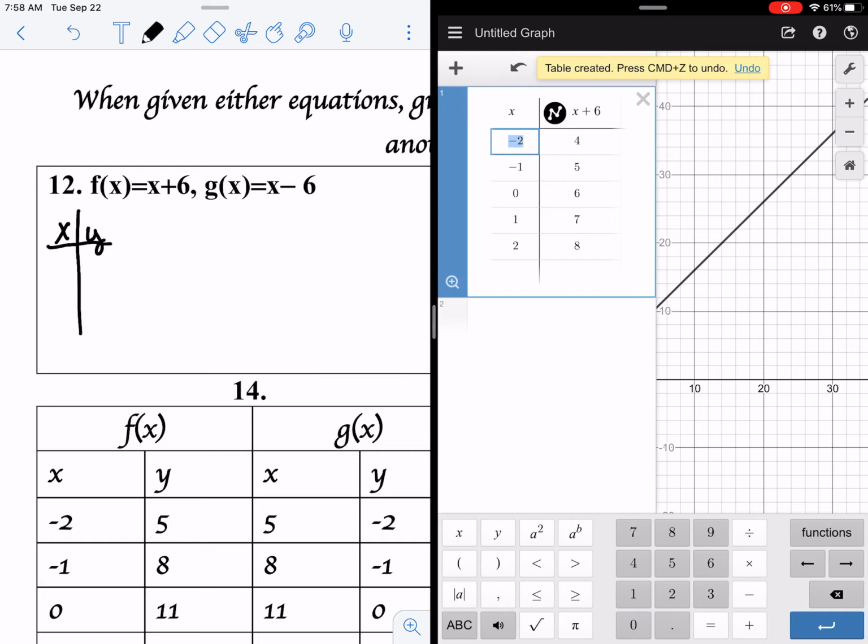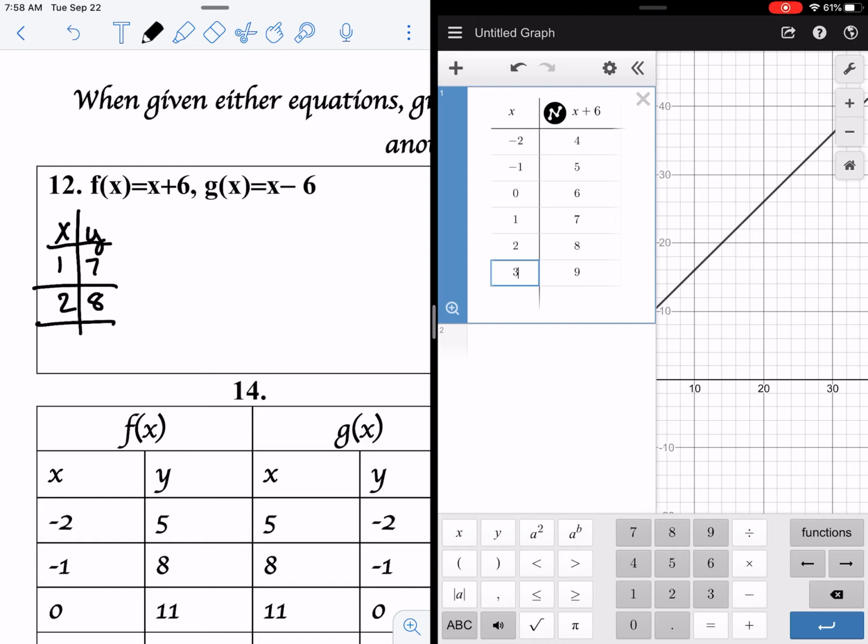So again, I pick the points 1, 2, 3. 1 gives me 7. 2 gives me 8. 3 gives me 9. So that means if G is the inverse, I should have 7, 1, 8, 2, and 9, 3.